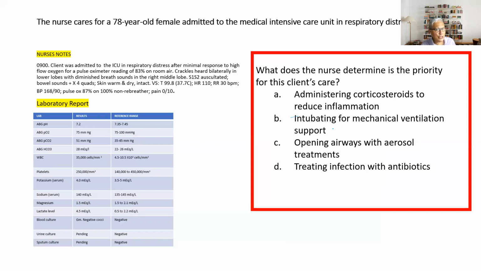What does the nurse determine is the priority for this client's care? Can I see what your answers are?